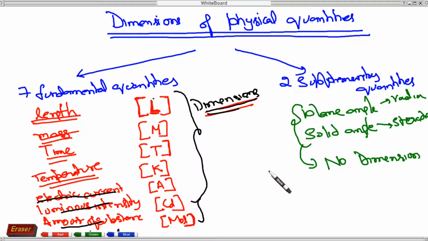We can also calculate the dimensional formula. Like these are the dimensions, so we can also calculate the dimensional formula, suppose for force. We are already aware of the force formula, that is force is equal to mass into acceleration.